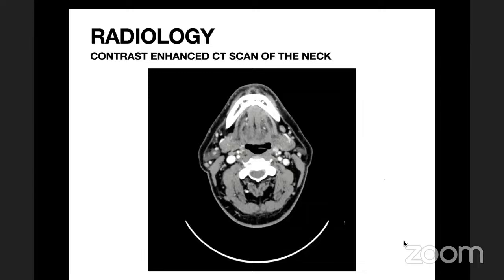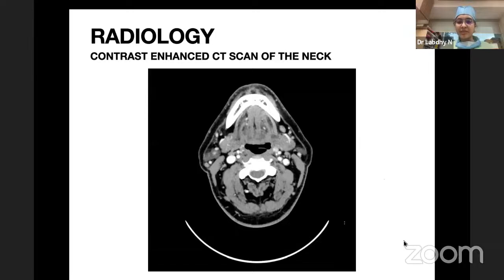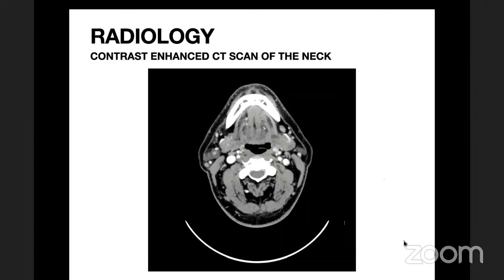Why will you not consider this patient for any form of organ preservation? Ma'am, because patients with T4 lesions with cartilage erosion and exolaryngeal spread, the overall survival and disease-specific survival is lower in these cases.